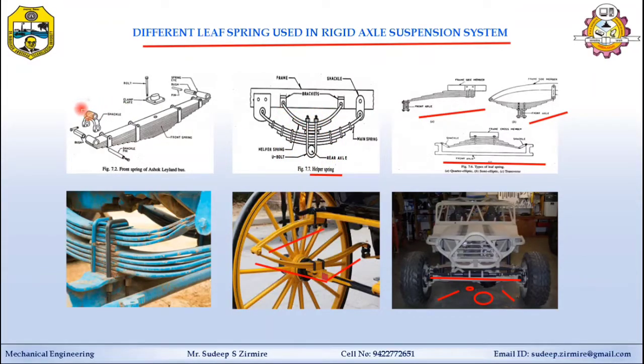Then the last one. Here you can see the front spring of the Ashok Leyland bus. You can see here, friends, there is no curve here. This is the flat type spring, invented by the Ashok Leyland design engineer or R&D engineer.